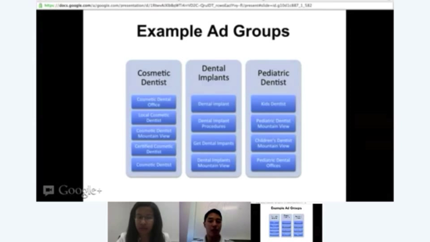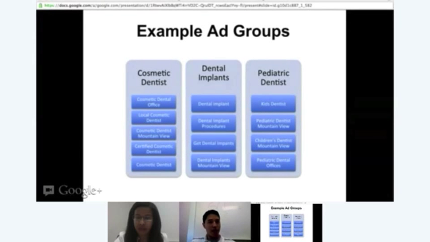Or if he named his dental practice something like Smile Free, I just made that up, but if that's the name of his dental practice, that's your brand term, right? So you might want to create a specific ad group tailored to just those brand terms, or maybe even a campaign, depending on how complex and big this brand is. The next level would be the specific products and services that they offer. So again, with dental implants, that's a product that he offers that might make sense to run on those things.